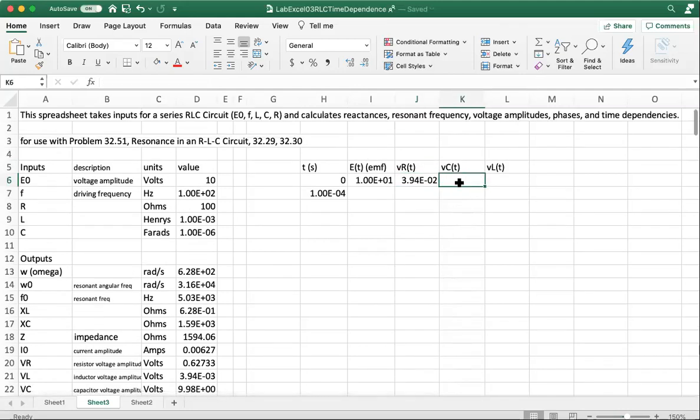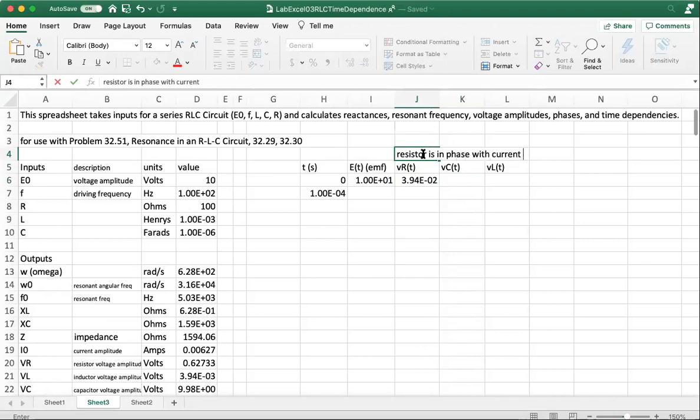Then we have the other two. The capacitor and the inductor, we know their phases. So let's look here. The resistor is in phase with current, so for the resistor we'll say cosine of omega t minus phi. That's what I'm putting in for the resistor.